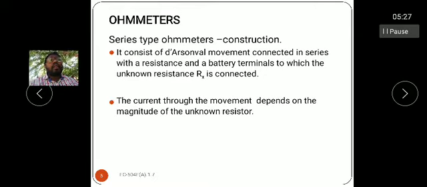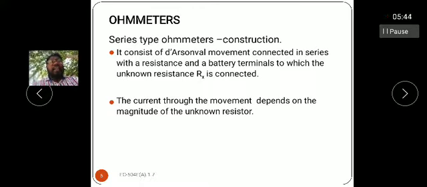The current through the movement depends on the magnitude of the unknown resistance.